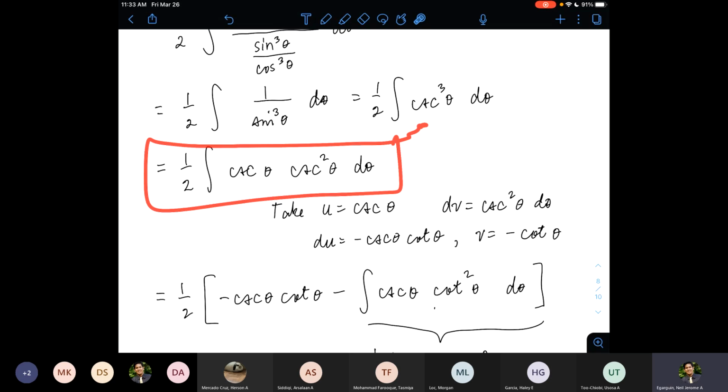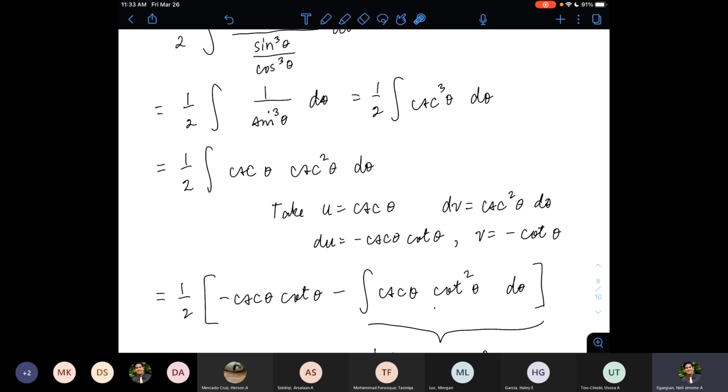Well, if I let u be equal to cosecant, I'll have a negative cotangent squared. But what I have here is cosecant squared. You mean in the first solution that I wrote? Because I can write this as cotangent squared. Oh, actually it won't, because this is cosecant.